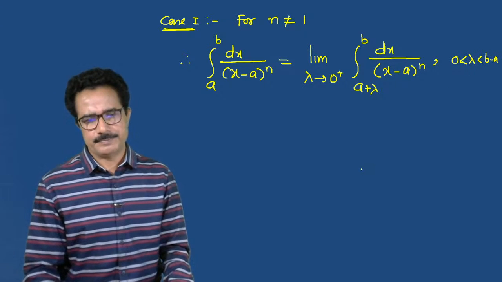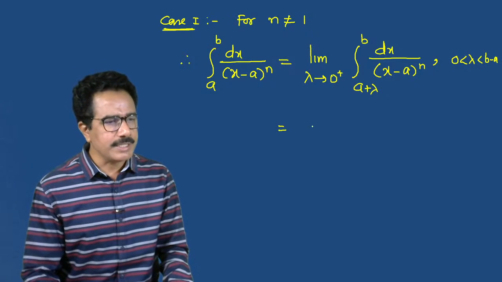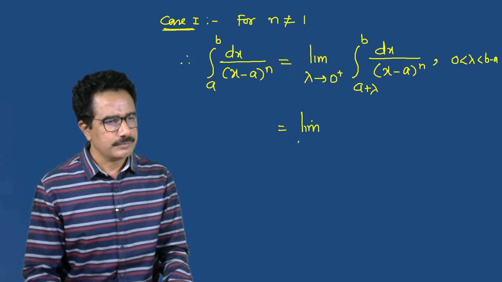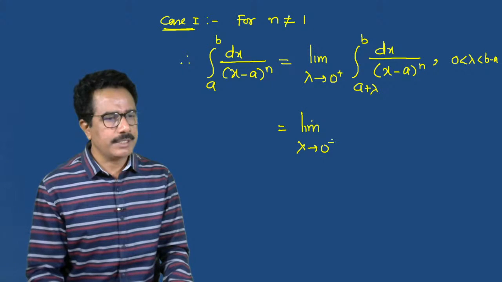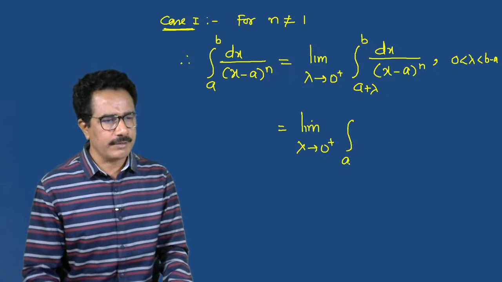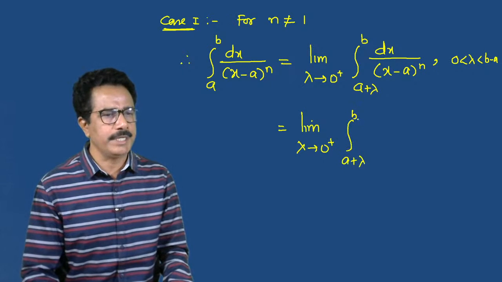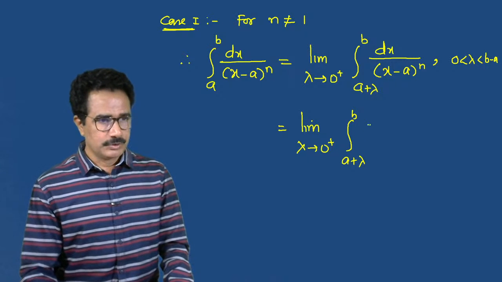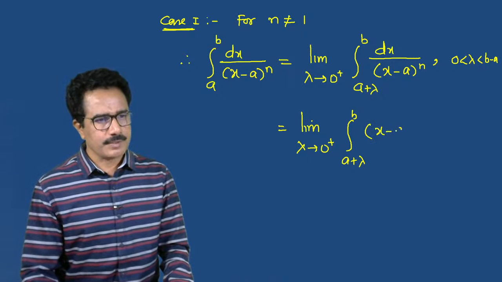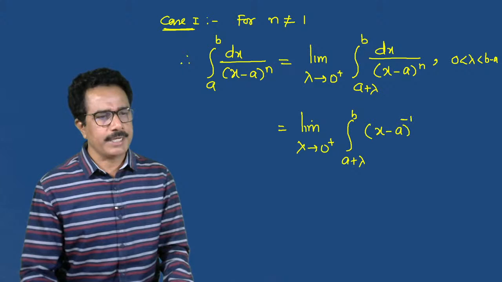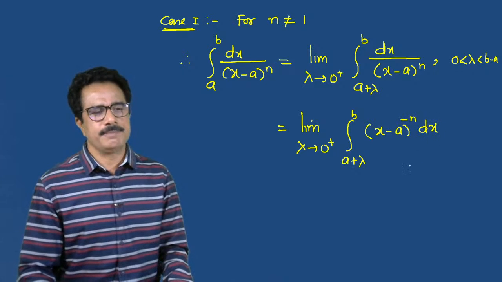This is the condition. Now we have to solve this limit: limit as lambda tends to 0 positive of the integral from a plus lambda to b of (x minus a) raised to minus n, dx.